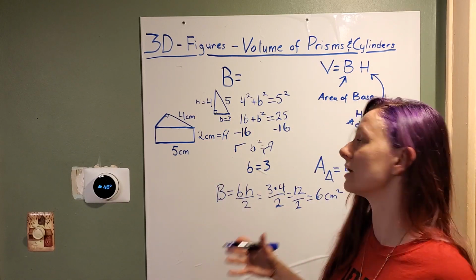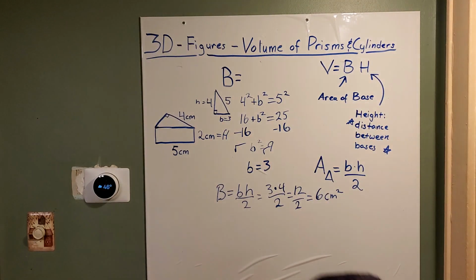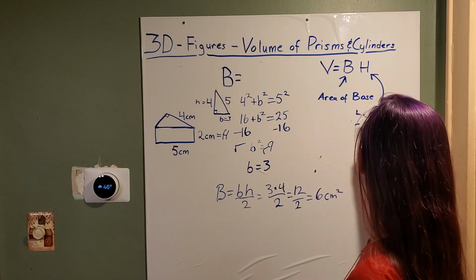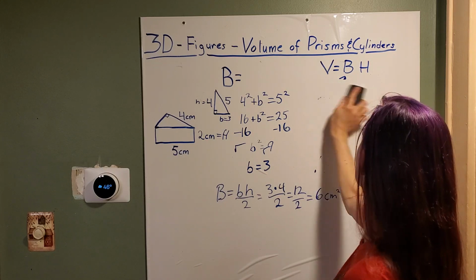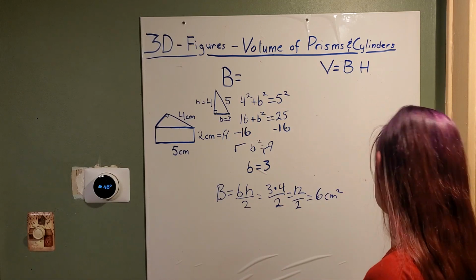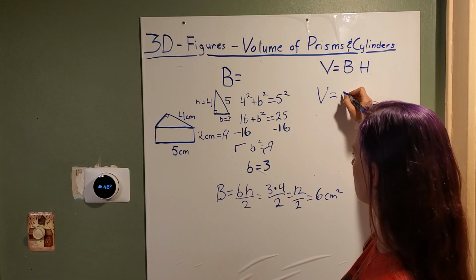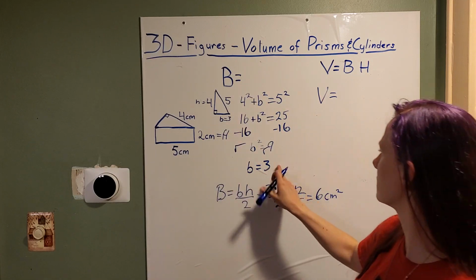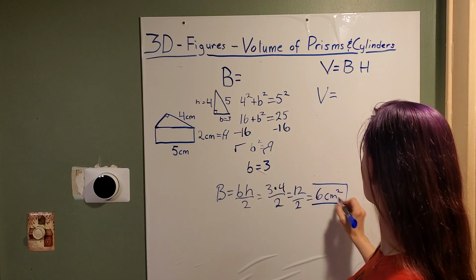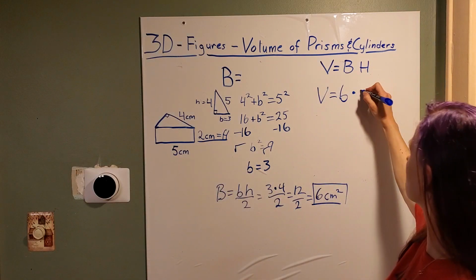So now I can find my volume. So capital B is 6, times 2.